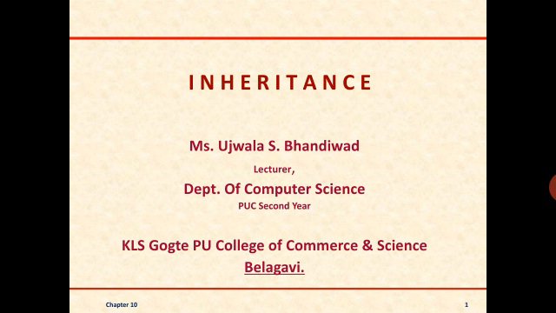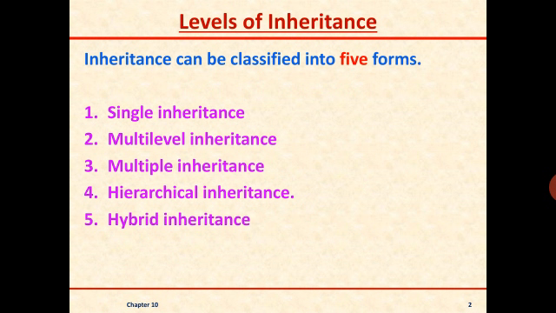Now in today's class we are going to continue with that chapter and learn what the different types of inheritance are. This is important for a 5-mark question, students. Inheritance is classified into 5 different categories or forms. It is known as levels of inheritance.